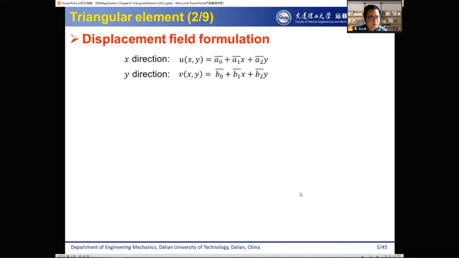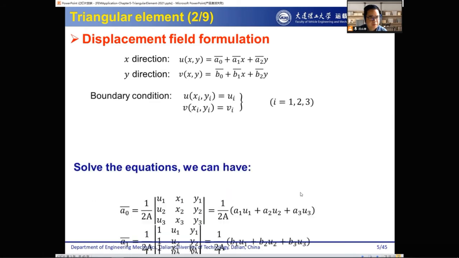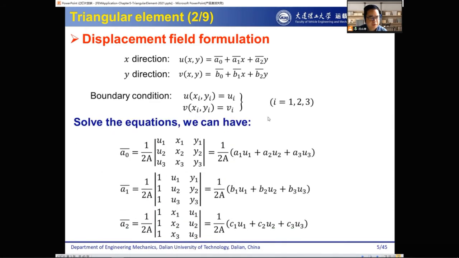As we have mentioned before for the finite element calculation, in an FE calculation we want to solve the displacement.